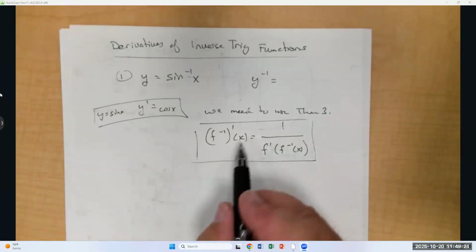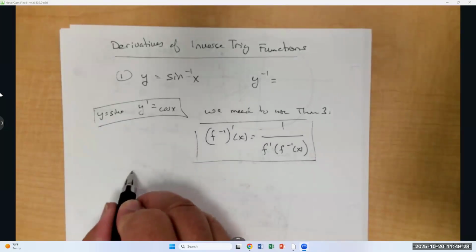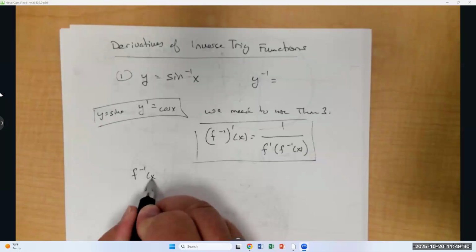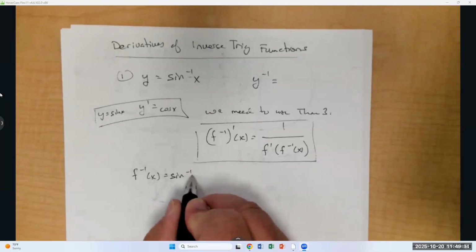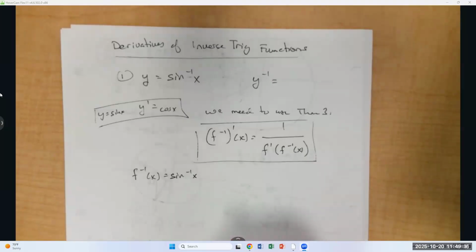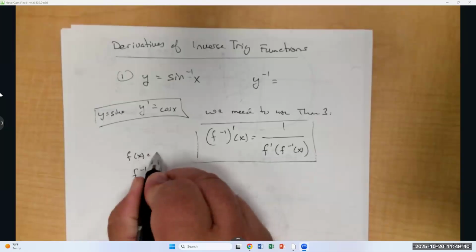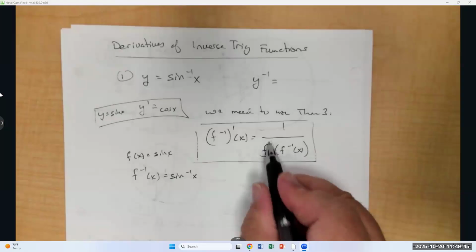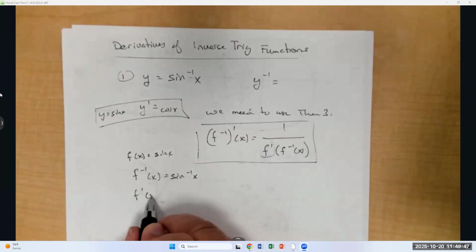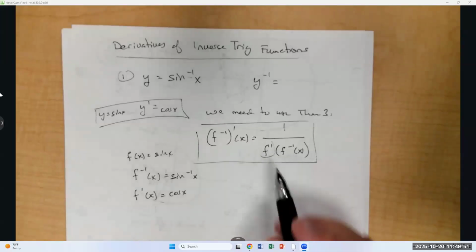So the derivative of the inverse function. The inverse function is the inverse of sine. We have the original function of sine x. We need the derivative of our function, f prime. The derivative of sine is cosine, which we did already.